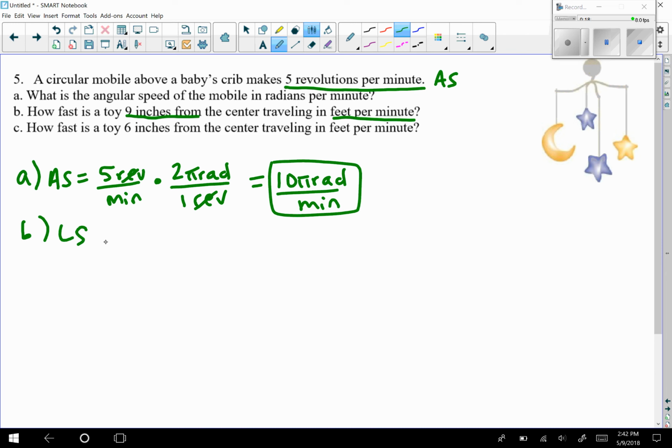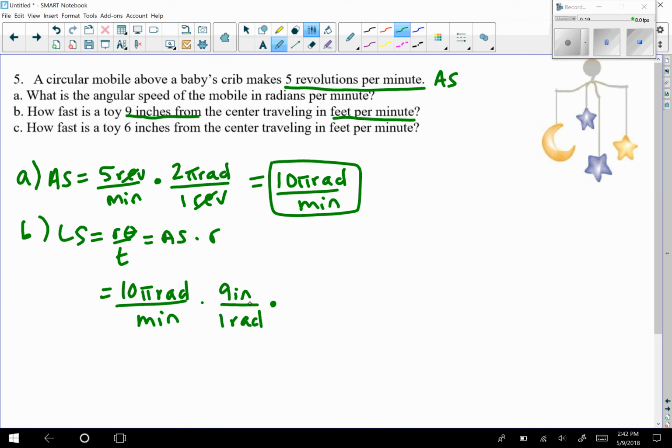And remember, the linear speed is equal to r theta over time, which is the angular speed times the radius. So the angular speed is 10 pi radians per minute times the radius, which is 9 inches, and we want it in feet, so 9 inches per 1 radian.